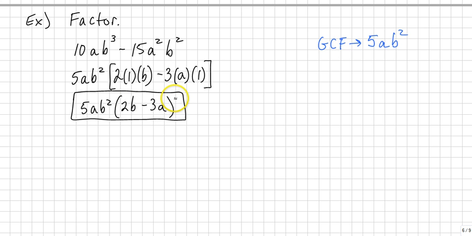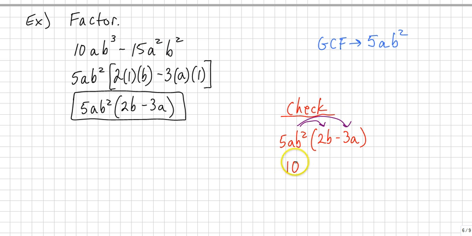And then you can actually check these, even though it's not an equation, you're not solving an equation, you can still check your answer. So to check and make sure you did that correctly, all you gotta do is take your answer and then distribute and make sure you get what you started with.